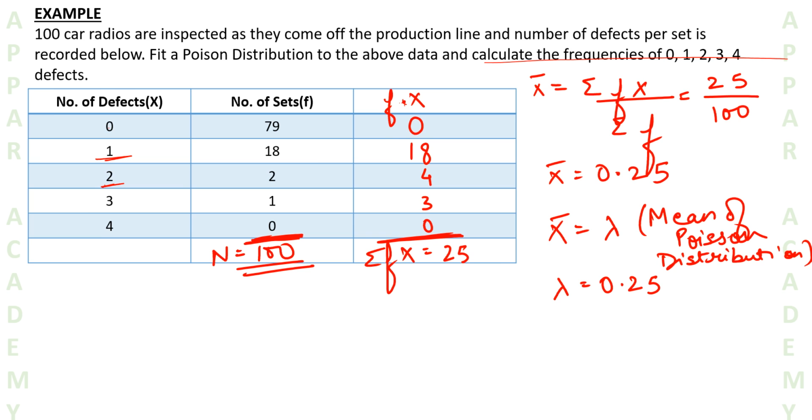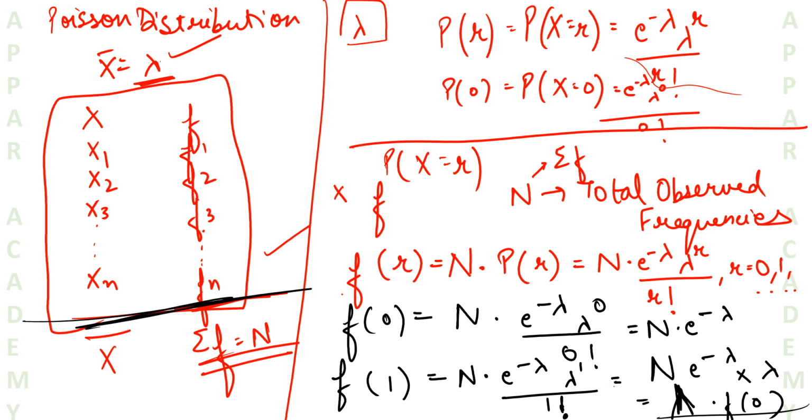Now from here we know that f of r is equal to n into probability of r, that is n into e to the power minus lambda to the power r upon r factorial, right?